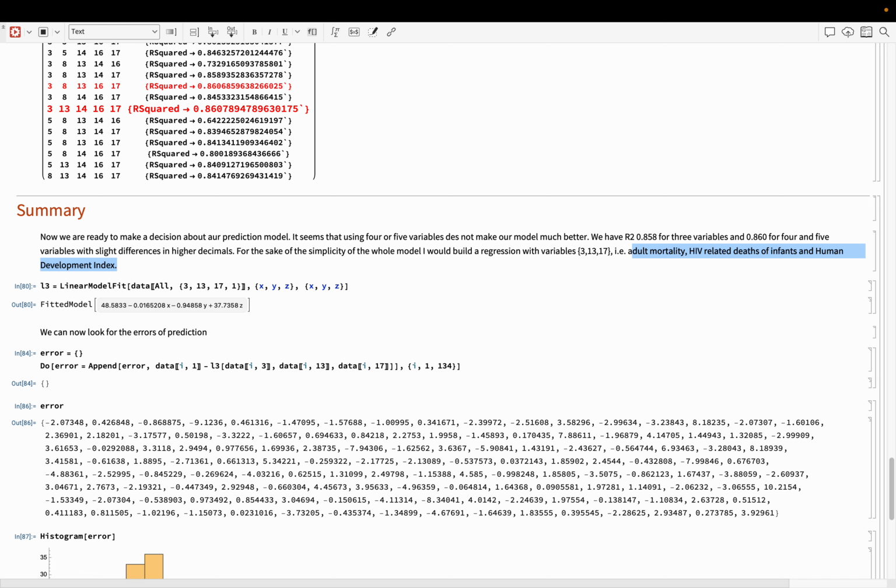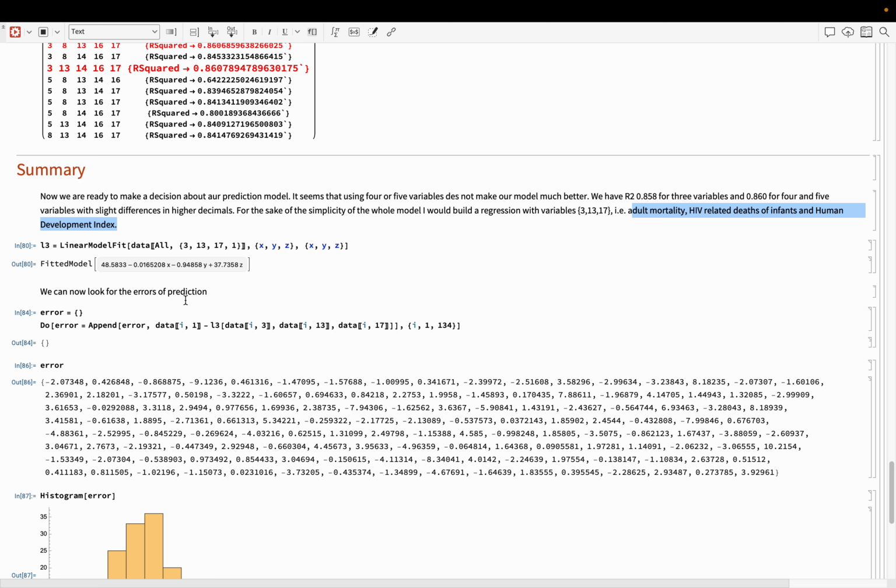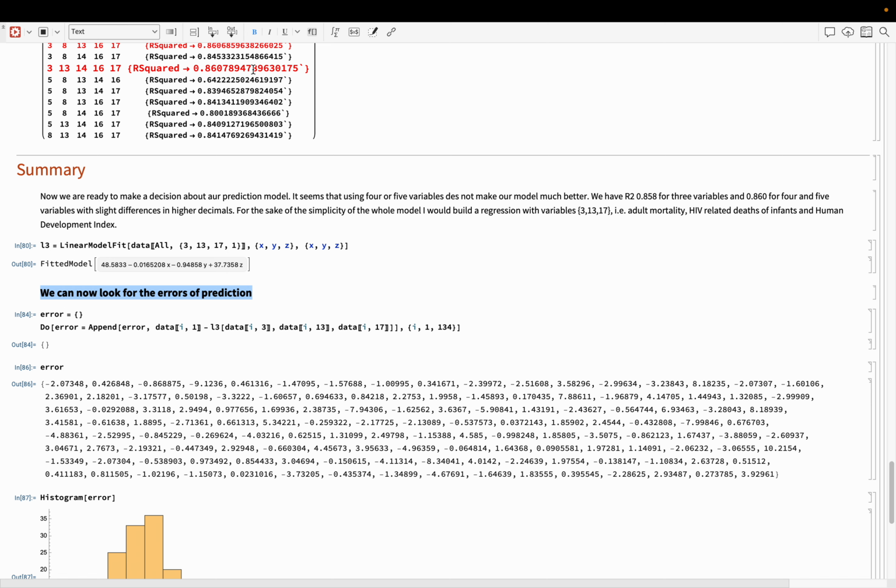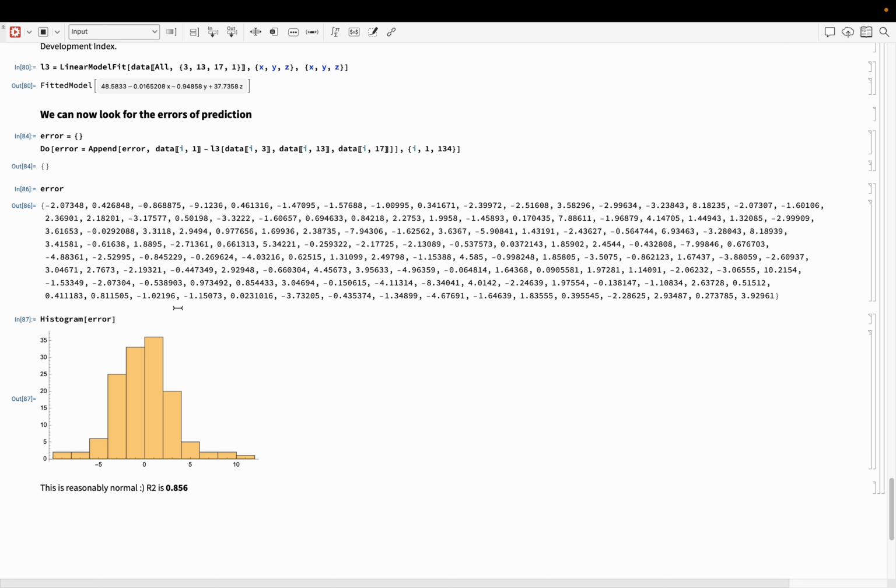Let us also look at the errors of prediction. Maybe I will make it a little bit bigger and more visible. The errors, because you have seen during the computer lab that the previous data set about wine quality was probably not the best data set chosen for multiple regression, because definitely errors did not follow normal distribution.